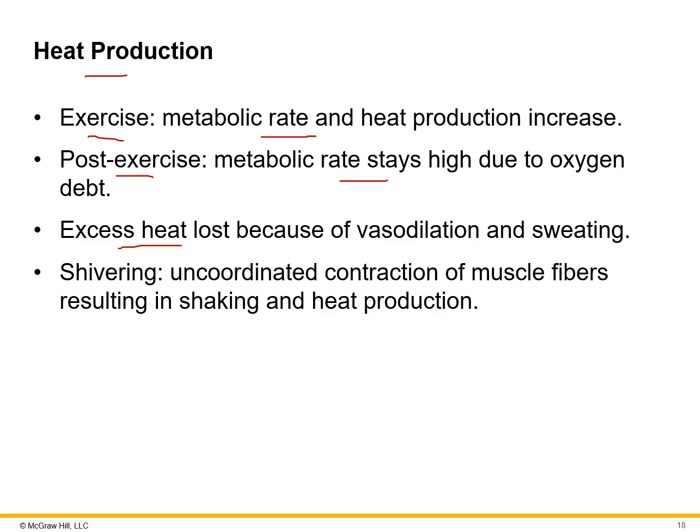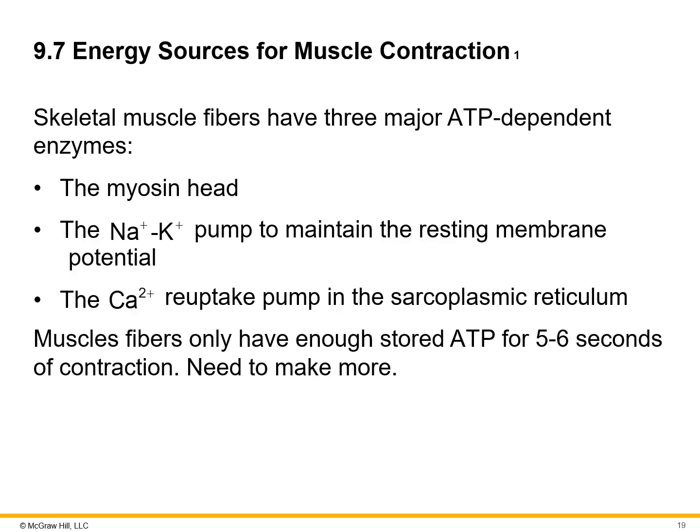The excess heat is lost through vasodilation and sweating as we try to regulate our temperature. And then again, shivering is that uncoordinated contraction. That shaking is altering those muscles, causing contraction for the purpose of generating heat.